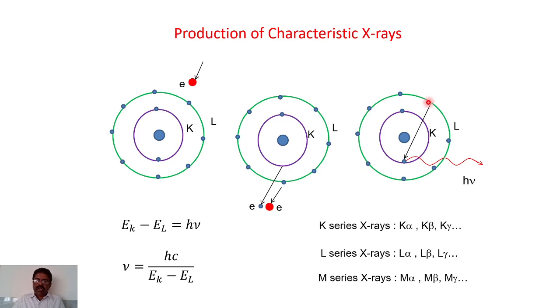If the M shell electron occupies the position in the L shell, it will be called L alpha. If the N shell electron occupies the position in the L shell, that will be called L beta, and so on. So this nomenclature is used to name a particular X-ray, both the series and the particular photon in that series, like K alpha, K beta, K gamma, and so on.